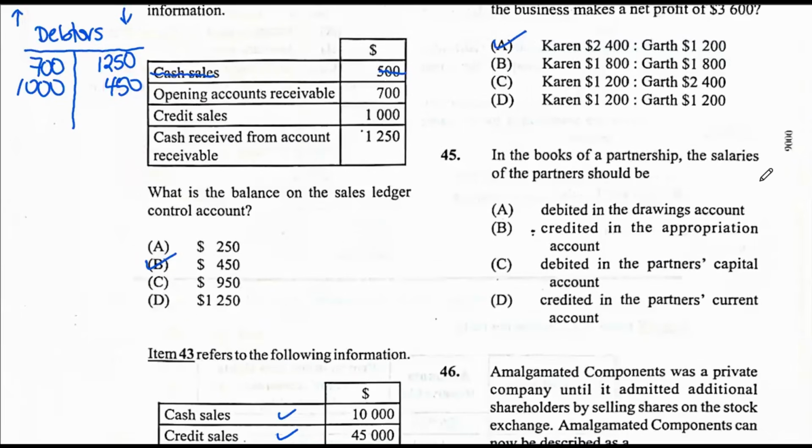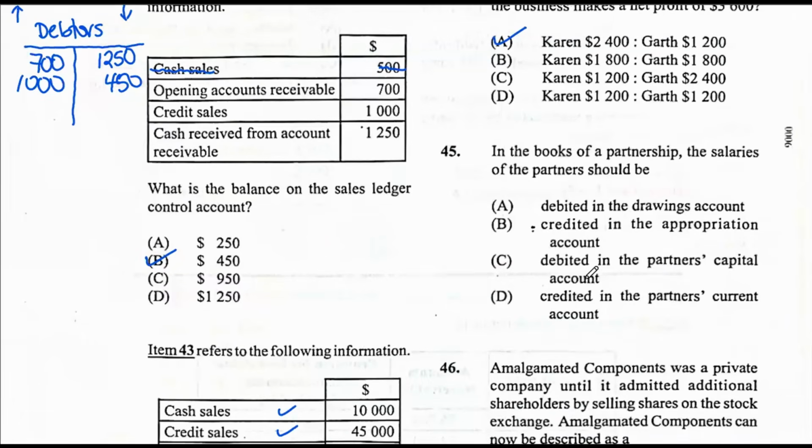In the books of a partnership, the salaries of the partners should be. Now you had to actually read these suggested answers to know what we should do. So again, in the books of a partnership, salary should be A, debited in drawings account, definitely not. B, credited in the appropriation account, let's think about that. C, debited in the partner's capital, or D, credited in the partner's current account.